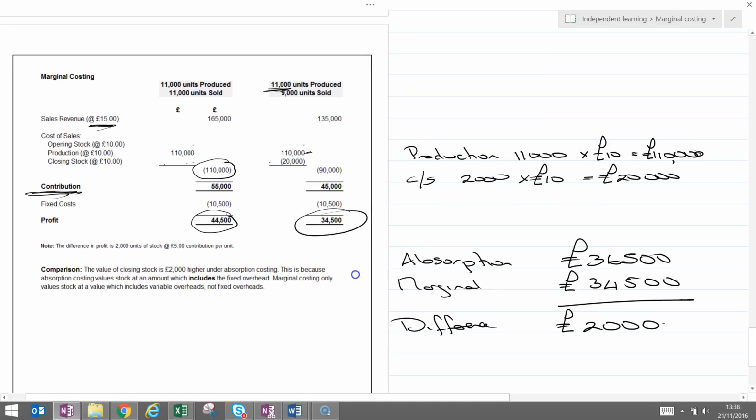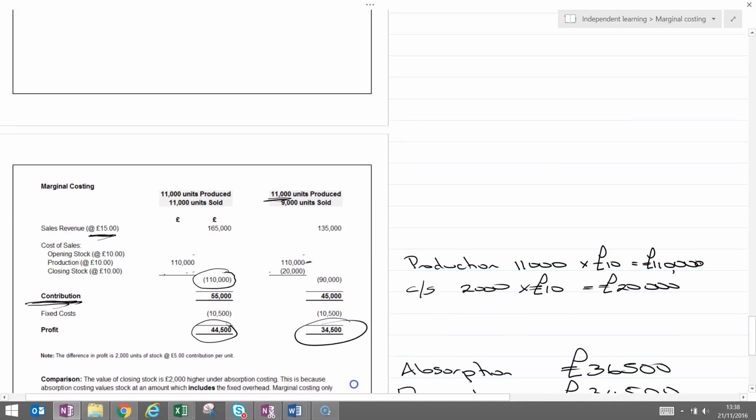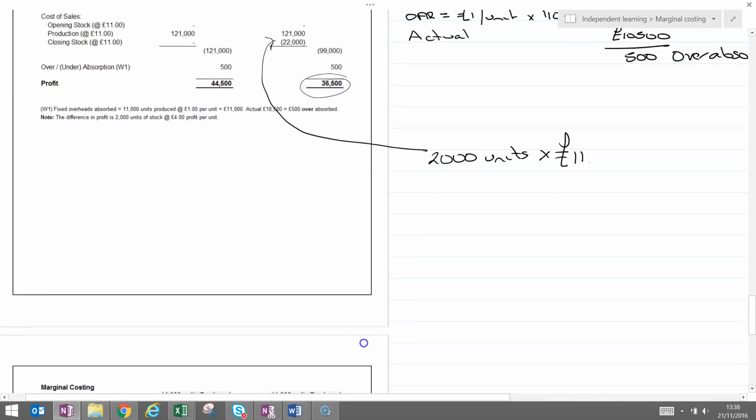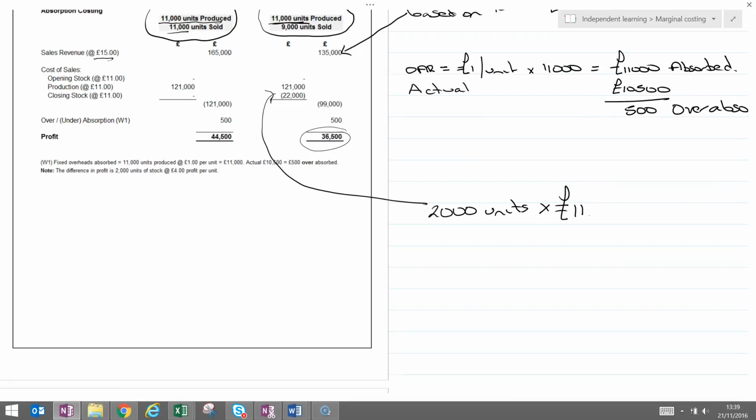Now if you have a look at each of them, we have 135,000 sales revenue, 121,000 production, 22,000 closing stock.